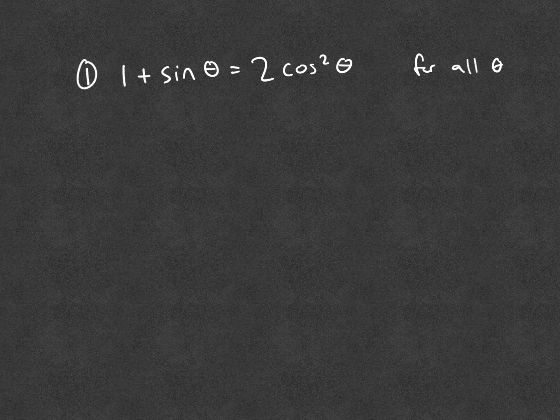One thing I notice is that I've got cosine squared, which I could turn into sine using the Pythagorean identity. So we're going to do that. We're going to go 1 plus sine theta equals 2, and then cosine squared equals 1 minus sine squared, so 1 minus sine squared theta. And then I can distribute.